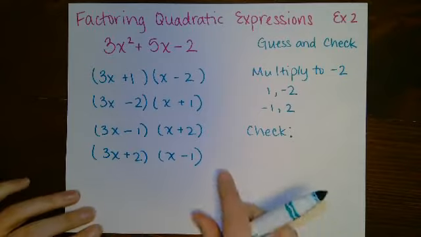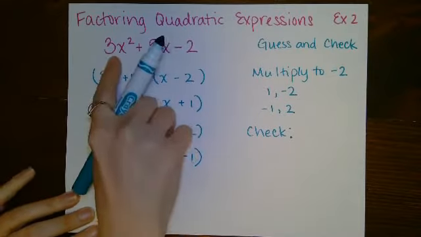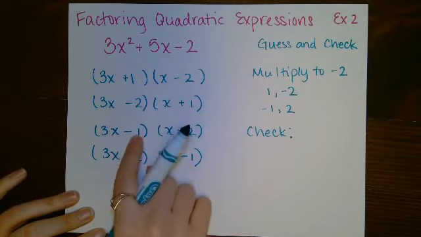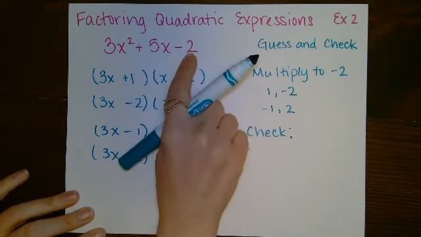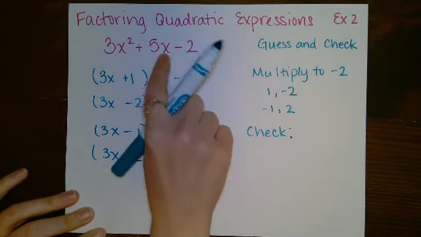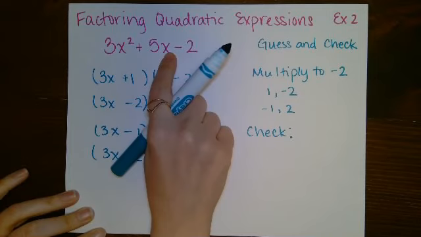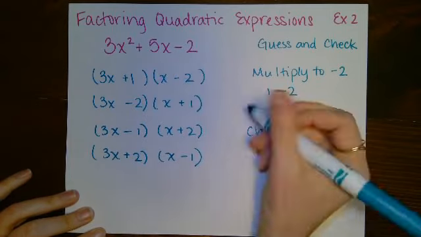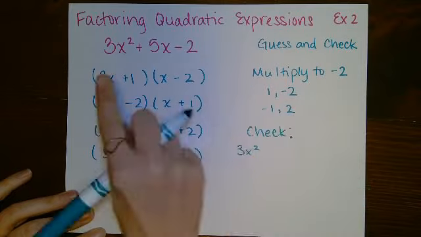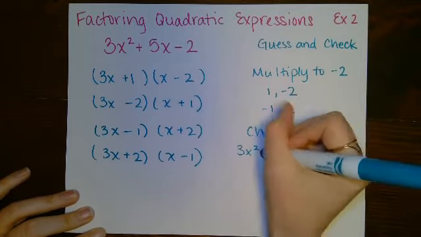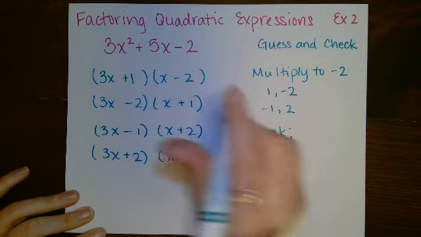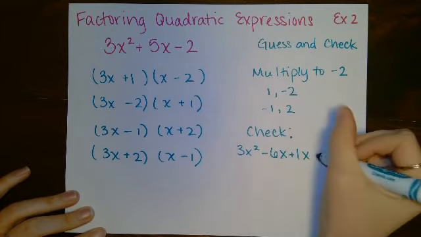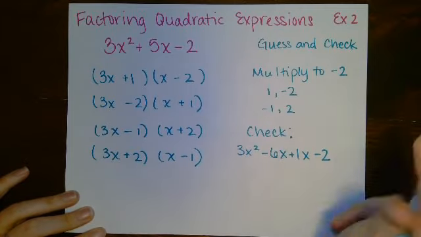Now, when we check, we know that 3x times x is going to give us 3x squared. And we know that 1 times negative 2 or negative 1 times 2 is going to give us negative 2. The only thing we really need to check for is if we're going to get 5x when we multiply. So let's check the first one. 3x times x is 3x squared. 3x times negative 2 is negative 6x. 1 times x is 1x, and 1 times negative 2 is negative 2.